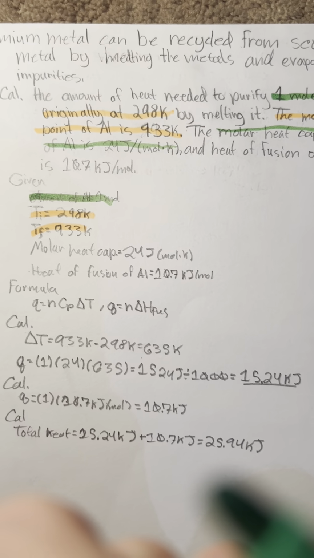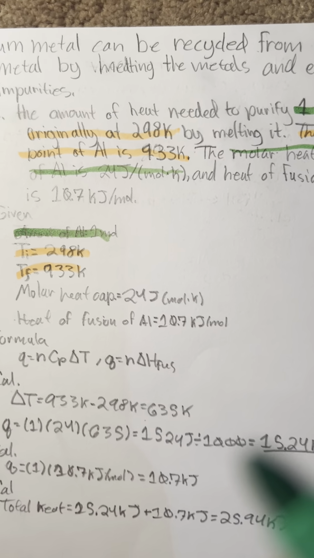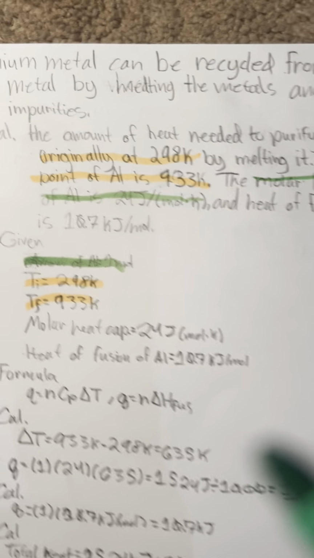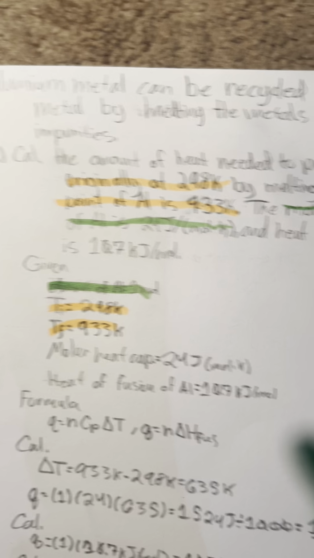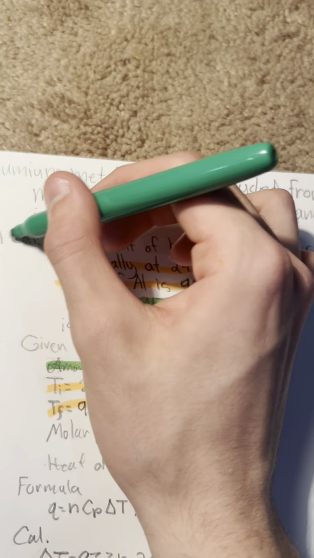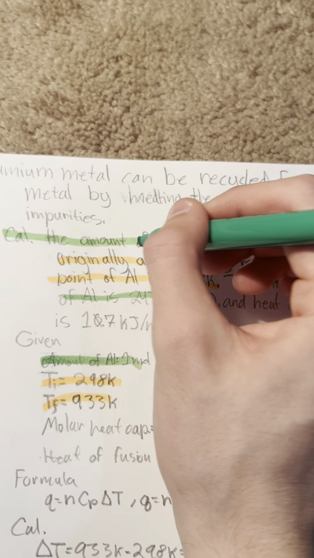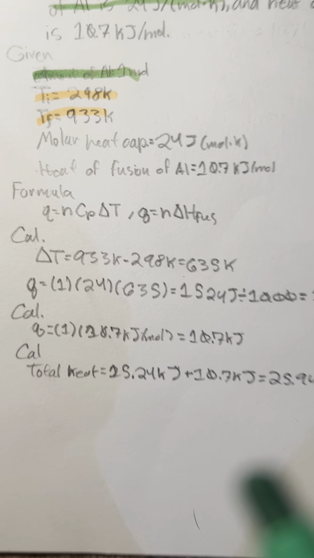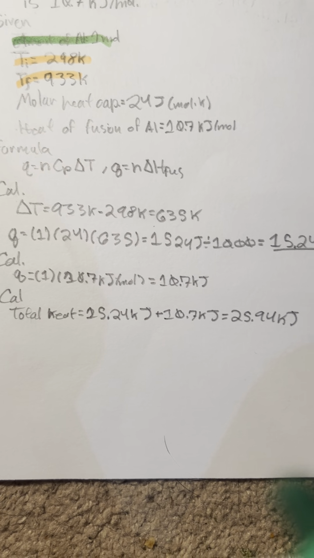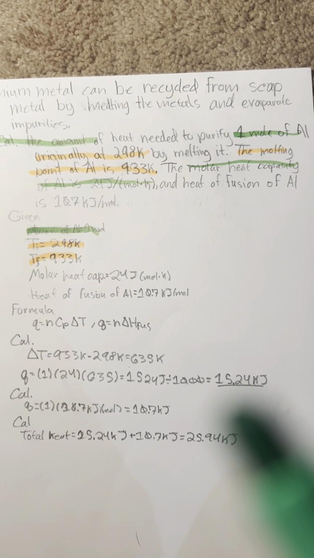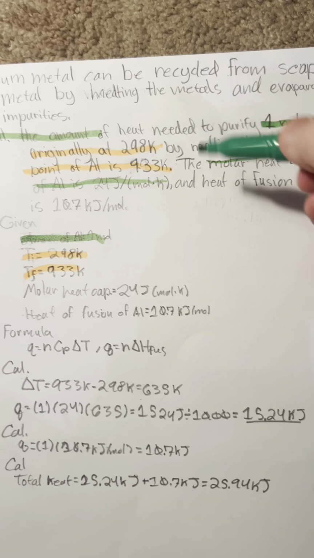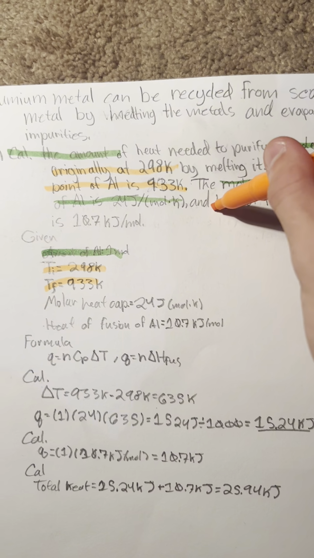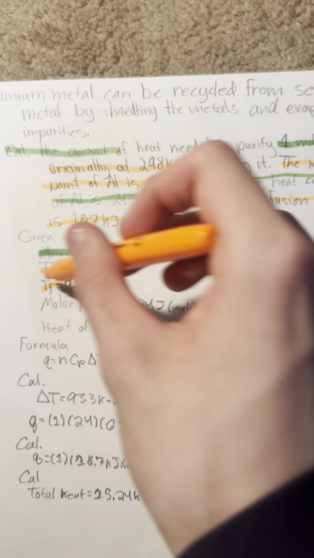Just highlight them, because every time I'm trying to find something in the answer, I don't need to reread. Now remember, since it says calculate the amount, that has to be in your answer. So you need to include your formulas and your steps of calculation to get full credit. And lastly, it gives you the heat of fusion.